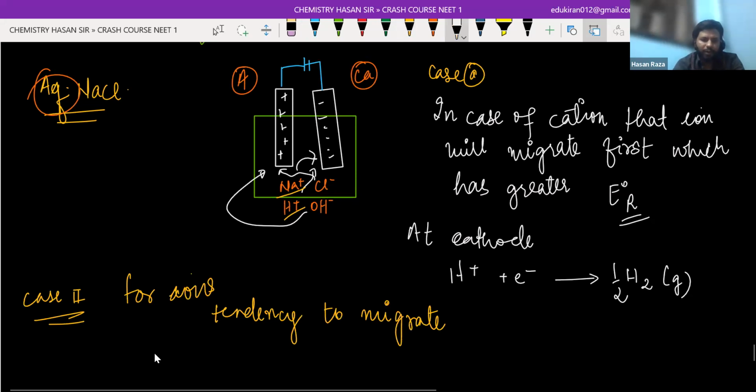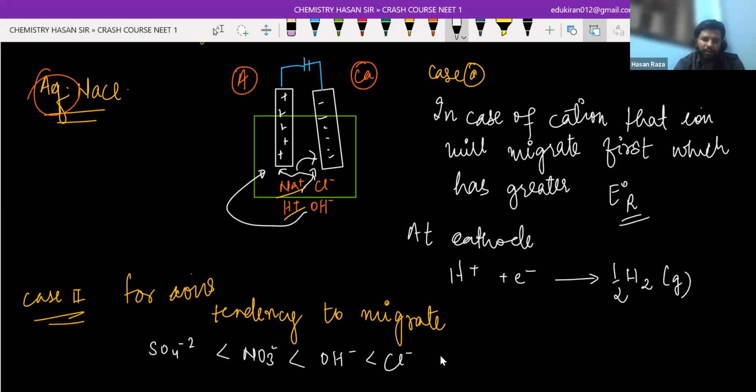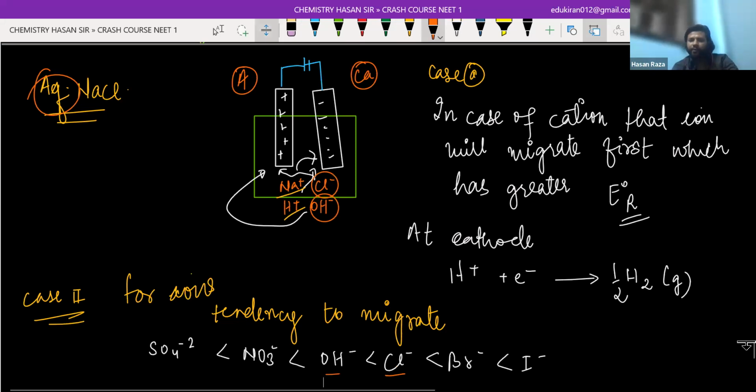The lowest tendency will be SO4 2 minus, then comes NO3 minus, then OH minus, then Cl minus, then Br minus, then I minus. Now you have two options, that is Cl minus and OH minus. You can see easily that between Cl minus and OH minus, Cl minus wants to migrate first and it will migrate first.